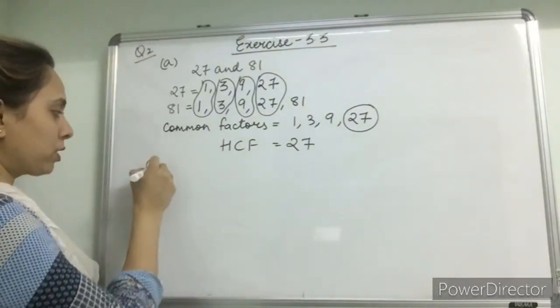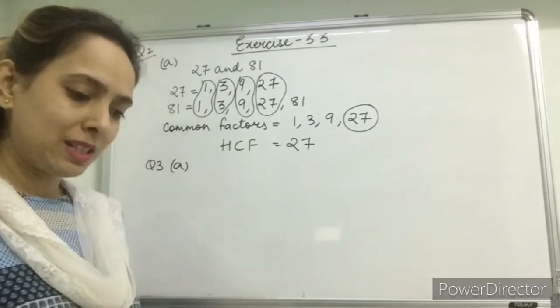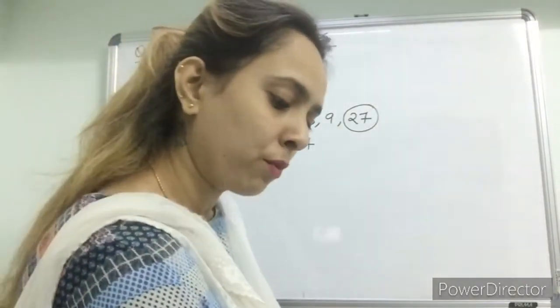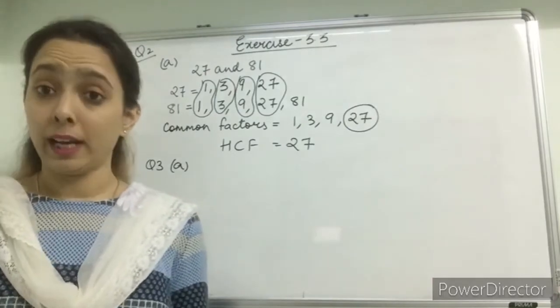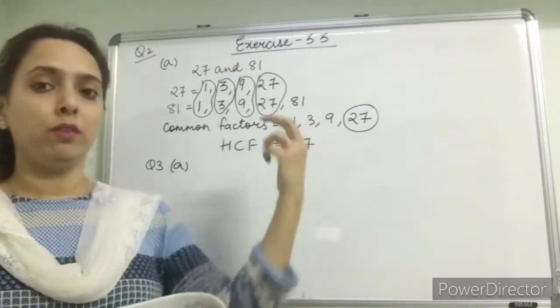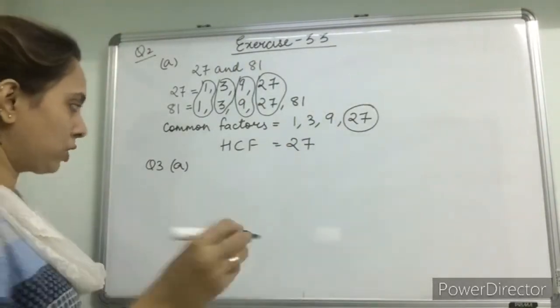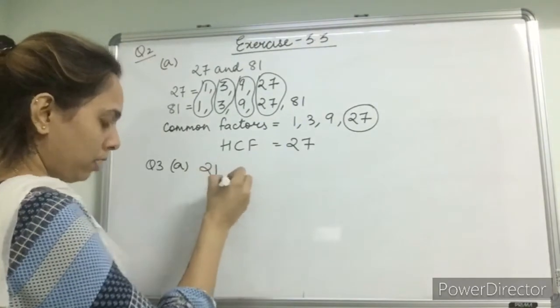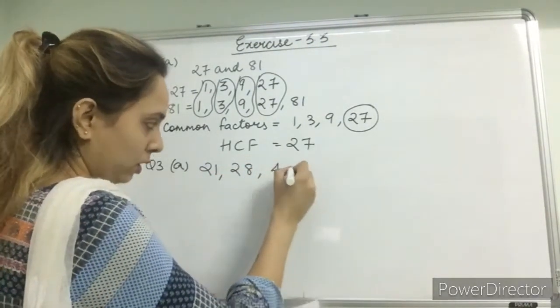Let's go for question number 3, A part. The third question says, find the HCF of the following by listing the common factors. Again we have to follow the same method, but here we have 3 numbers. So the first question is 21, 28 and 42.